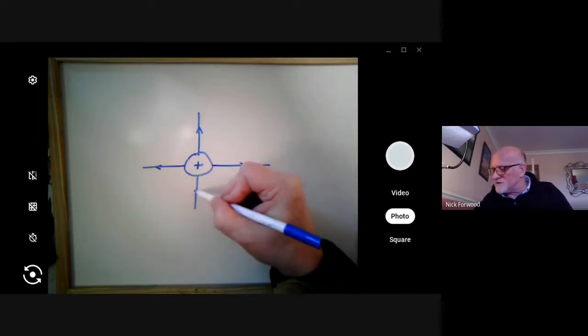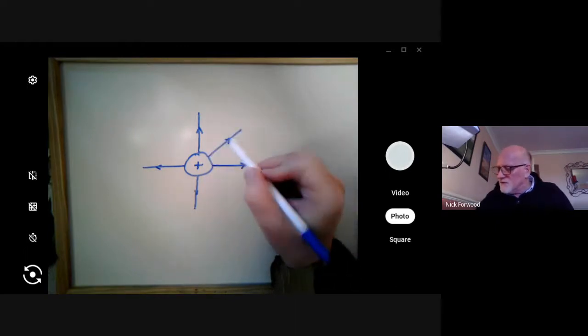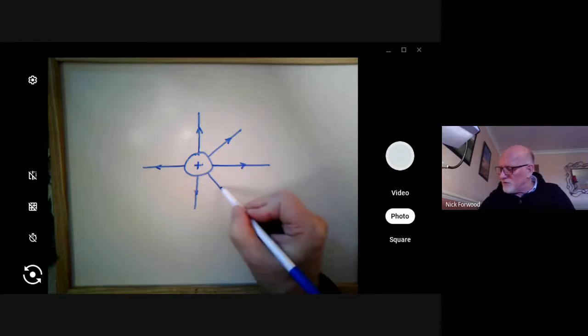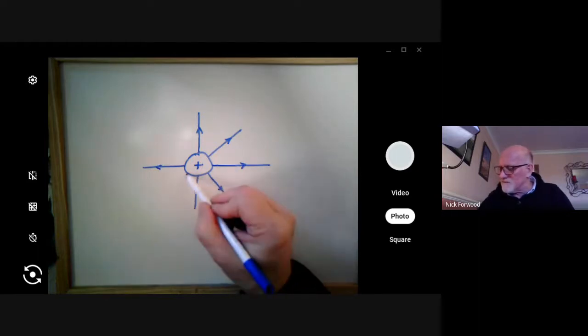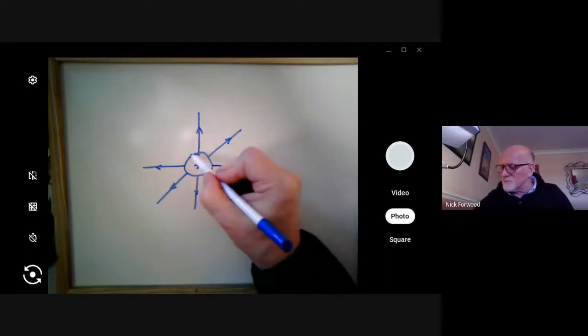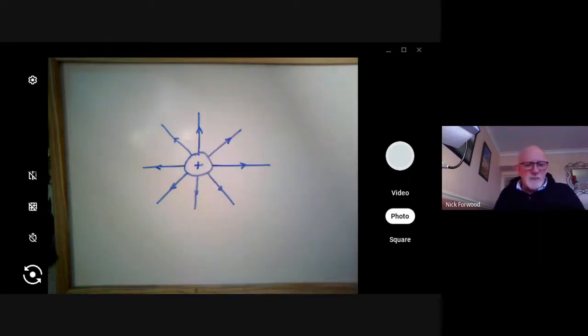Once you've got this idea, it's quite easy to draw, because you're going to get these imaginary field lines. These field lines show you what the field looks like that's invisible. And it's quite simple. It just looks like spokes on a wheel. And that would be good enough to do that.